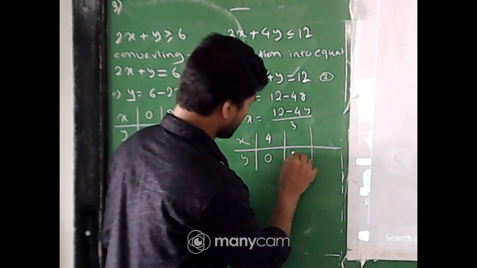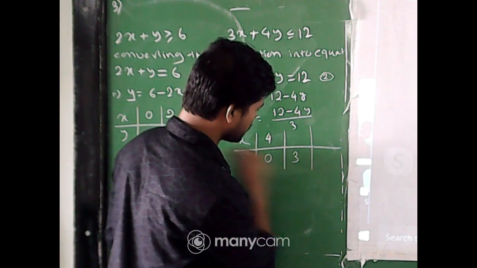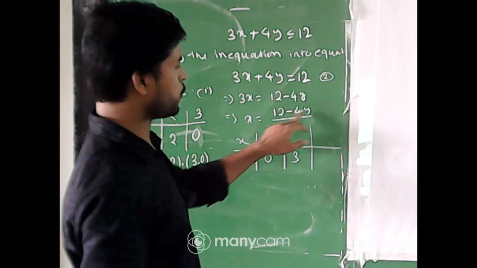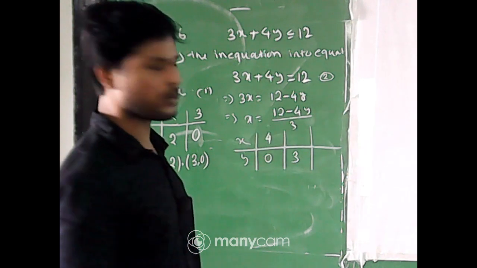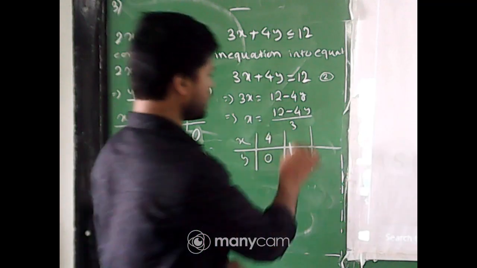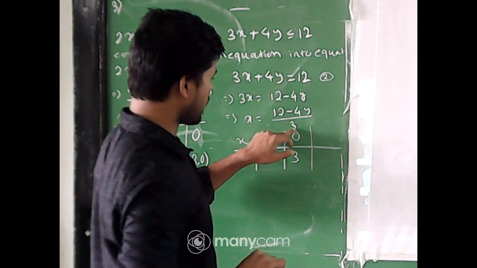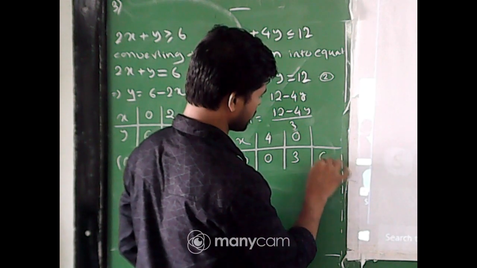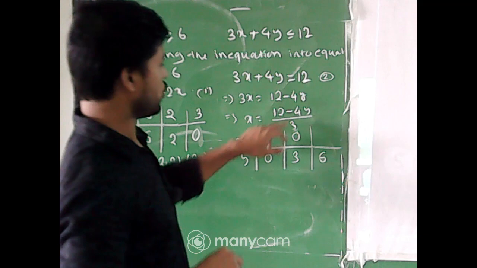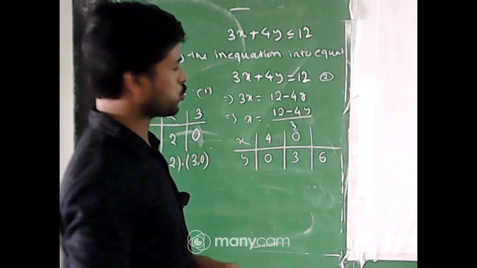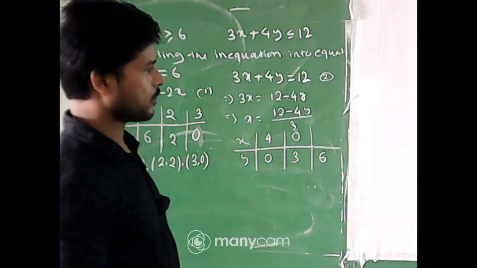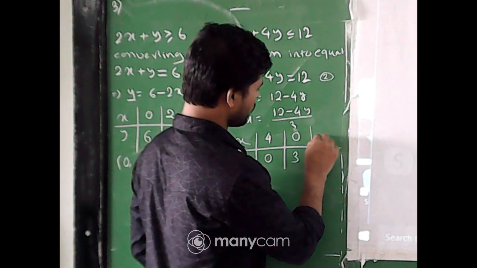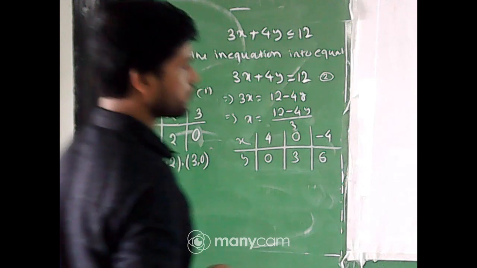Now put y equal to 3. So 3 fours are 12. 12 minus 12, that is equal to 0. 0 by 3 means it will be 0. Now put y equal to 6. So 12 minus 6 into 4. So 12 minus 24, that is minus 12 by 3 equal to minus 4.